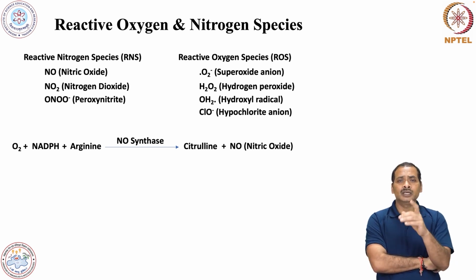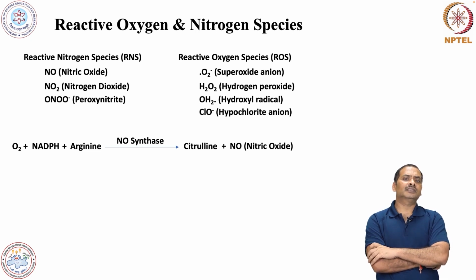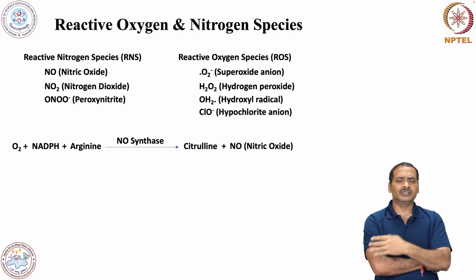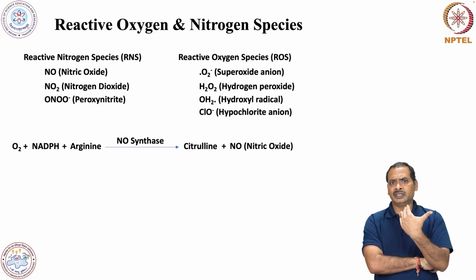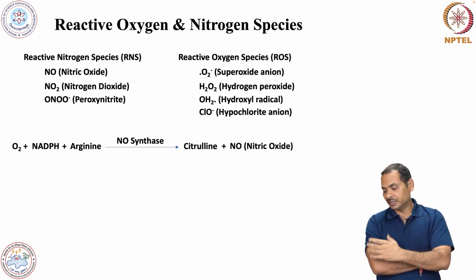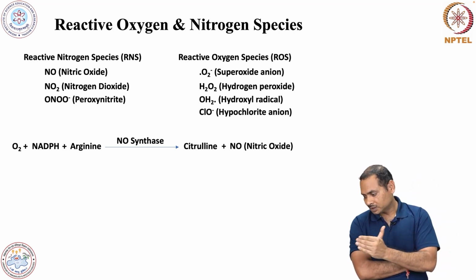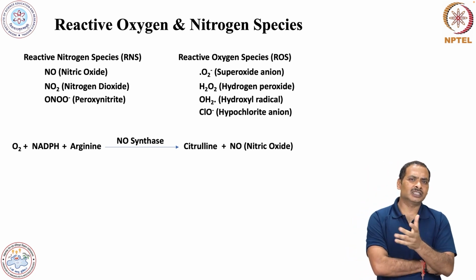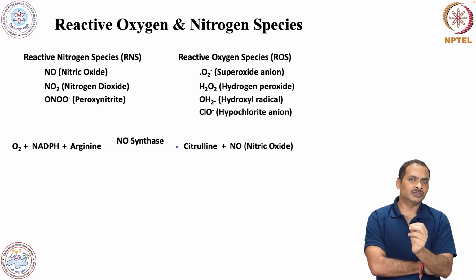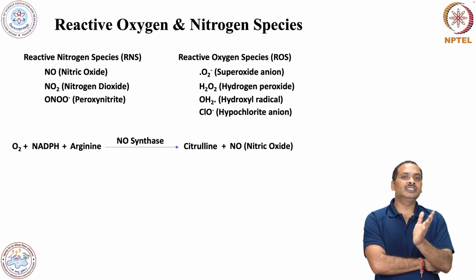In addition, nitric oxide is also very important in erectile dysfunction. The individual who has a problem in erection of the penis uses this drug which we call sildenafil. This drug is basically Viagra, and this drug basically produces an active molecule which inhibits the breakdown of cGMP.